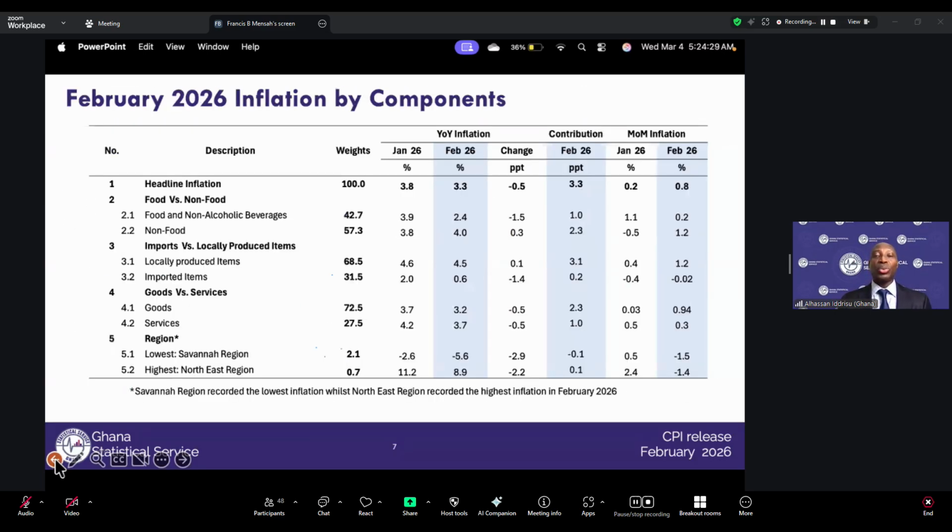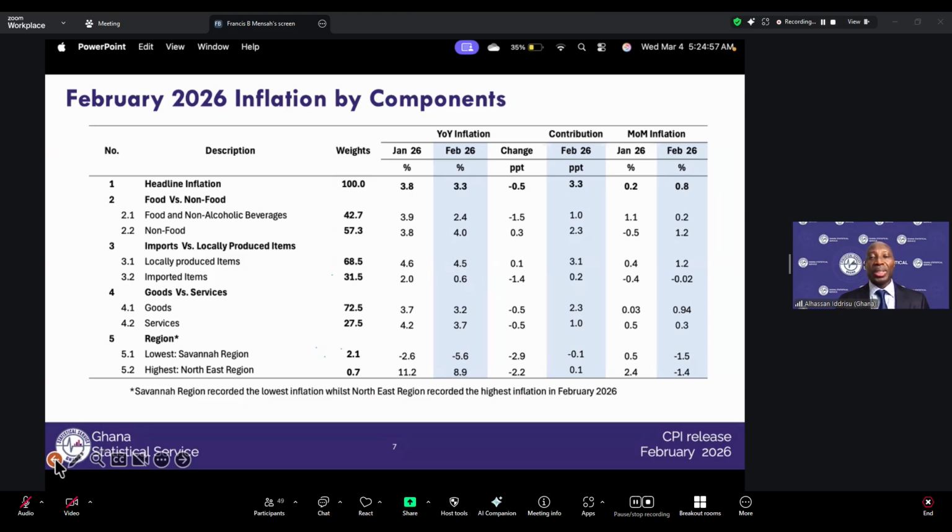Now, each of these two regions that I've talked about, however, witnessed month-on-month price declines between January and February 2026. So if you look at Savannah, we saw price declines of 1.5% month-on-month. And then if you look at Northeast, we've seen price declines of 1.4% month-on-month.